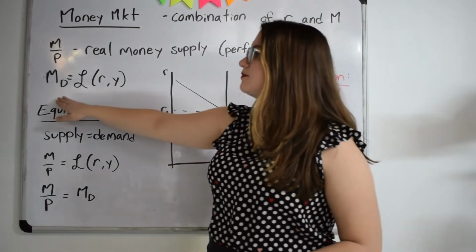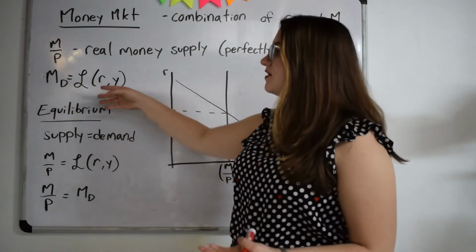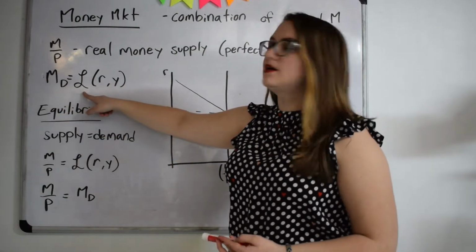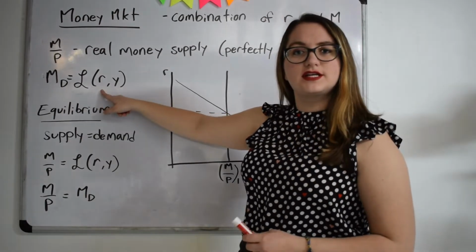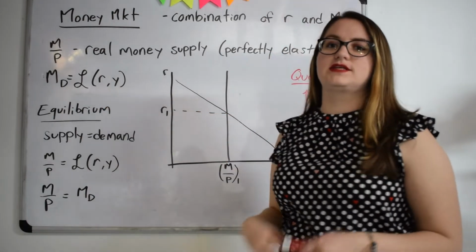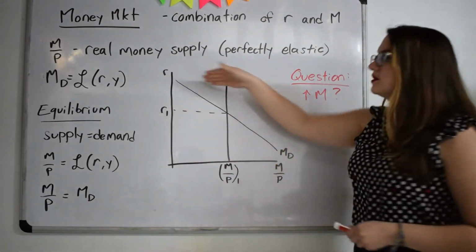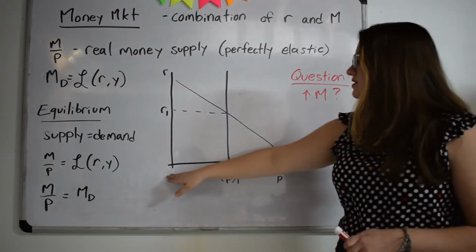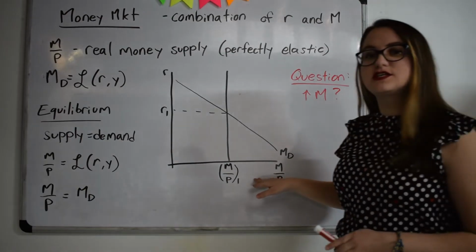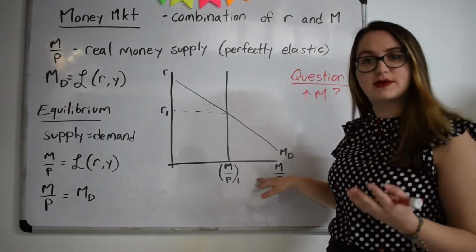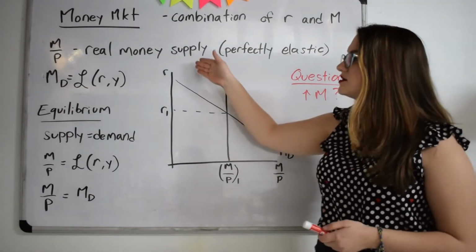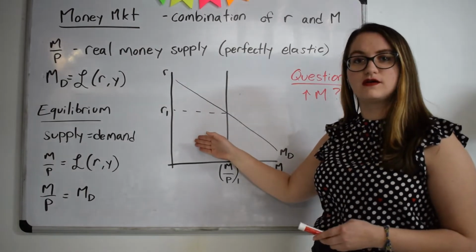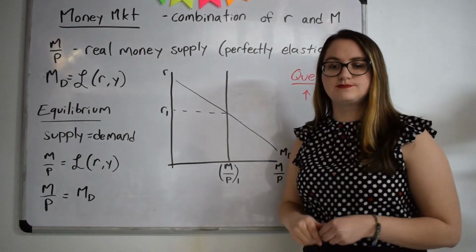Now our money demand is a function for liquidity between real interest rates and GDP/income. Like all demand curves, it is sloped downward. So as the real money supply increases, generally the interest rates will fall, and vice versa.